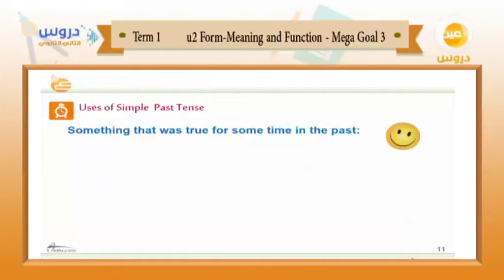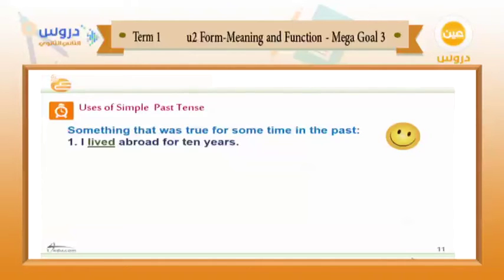Also, we use past simple tense for something that was true for some time in the past. Example, I lived abroad for 10 years. So, this thing was true for some time in the past.